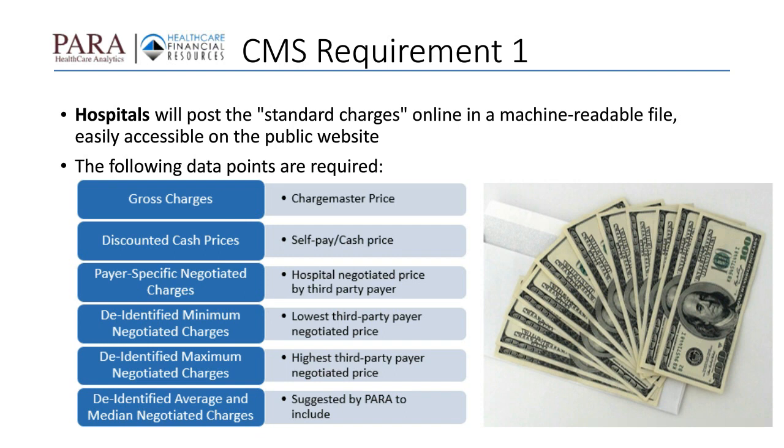Third, the negotiated price for each third-party payer, listing out the associated payer-specific negotiated charge for each insurance contract. Fourth, the lowest negotiated price of the third-party payers, presenting a de-identified minimum without specifically noting which contract is associated with this price. And fifth, the highest negotiated price of the third-party payers, similar to the de-identified minimum, but instead a de-identified maximum.